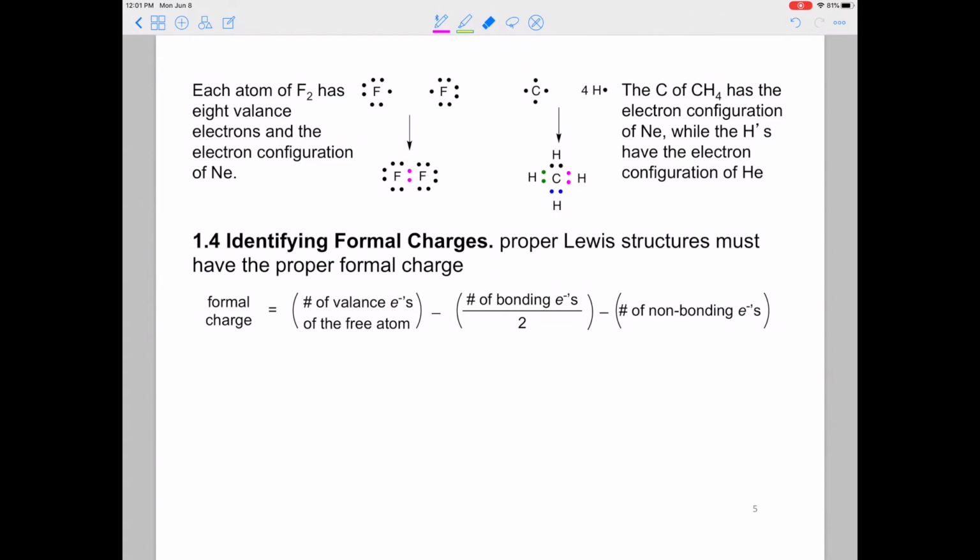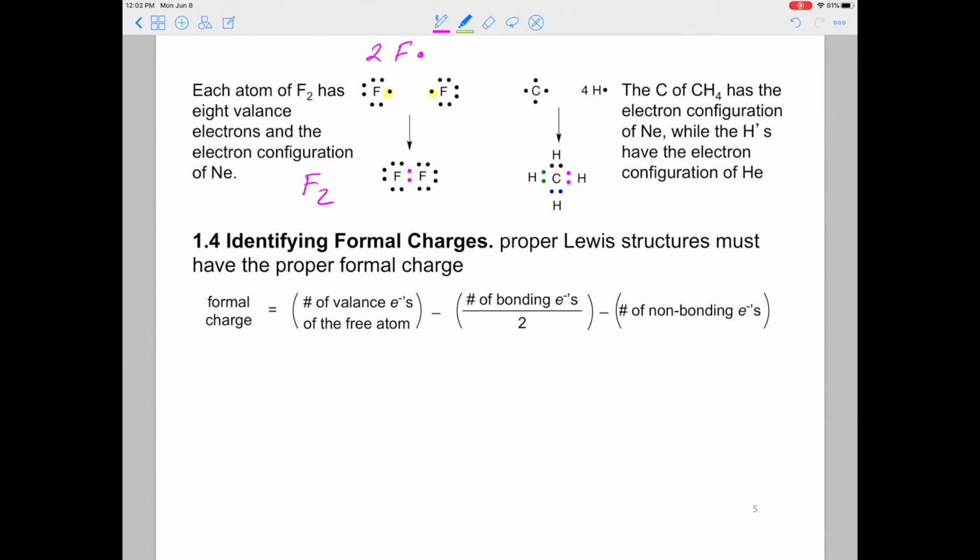Finally, let's look at the bonding of some elements in row 2, and these will serve as examples of the octet rule. On the left, we have the formation of molecular fluorine, F2, from 2 fluorine atoms. Each fluorine atom has an unpaired electron and 3 pairs of electrons.